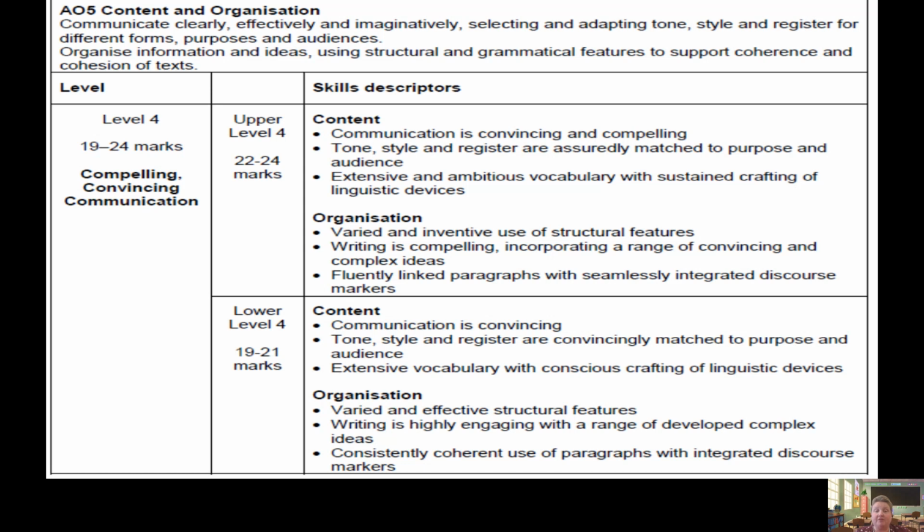Just a quick reminder of the content and organisation marks. You can get up to 24 marks for this section, and if your communication is convincing, your tone, style and register are convincingly matched to the purpose and audience, and you use extensive vocabulary, really consciously crafting linguistic devices, then you will find yourself within the lower level of level 4, which is obviously the top section of the grades.